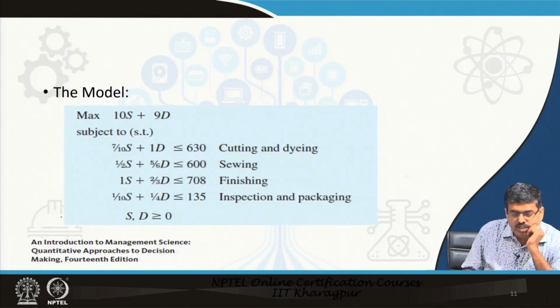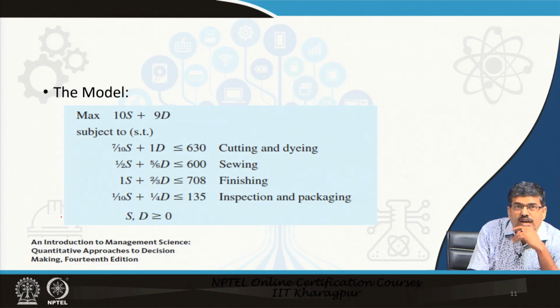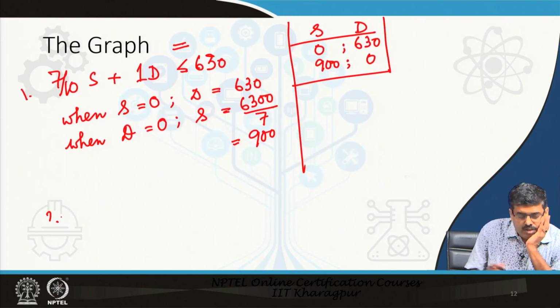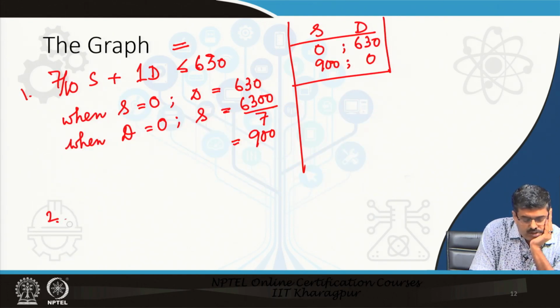What was the previous equation? Half S plus 5/6 D less than or equal to 600. Okay, let us go.